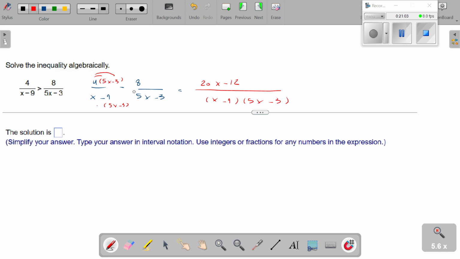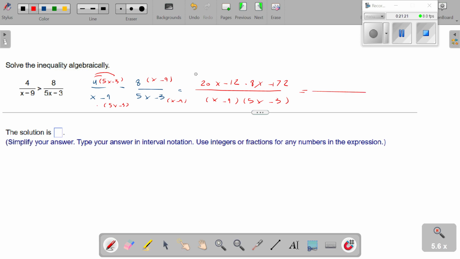The second one is multiplied by x minus 9. You do the same thing to the top as well. And since I have a negative here, I combine that. Negative 8 times x is negative 8x. Negative 8 times negative 9 is 72.